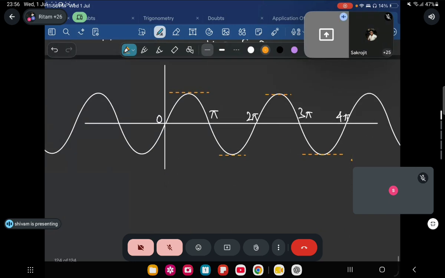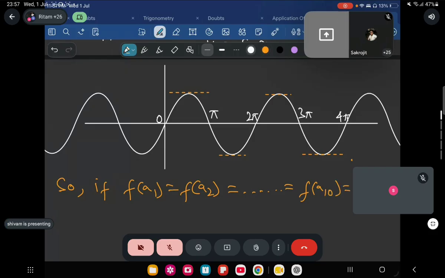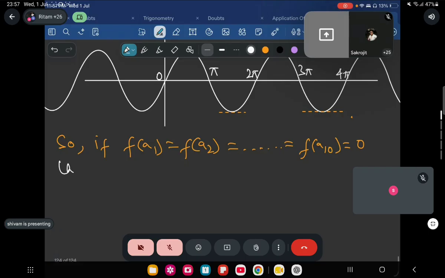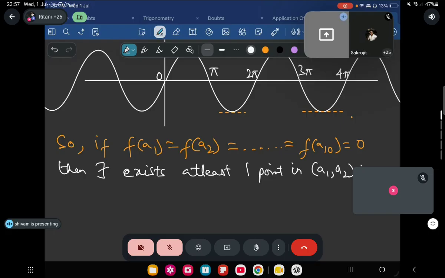Okay. Next. So everyone, if f of a1 is equal to f of a2 is equal to dot dot dot is equal to f of a10 is equal to 0, then there exists at least one point in (a1, a2) such that f dash c1 is equal to 0.